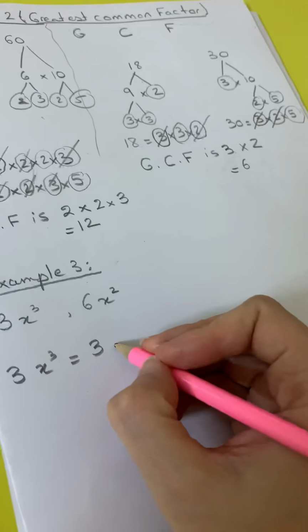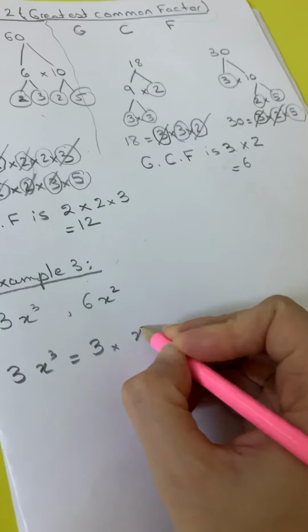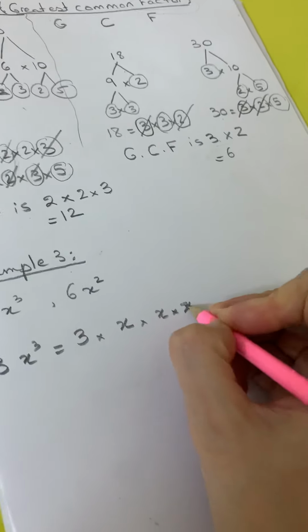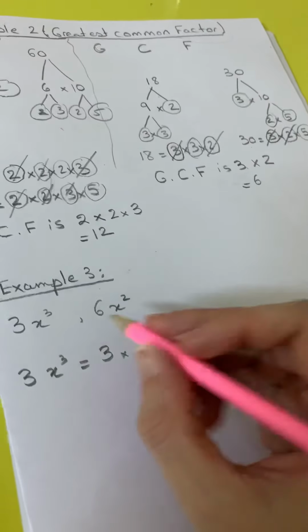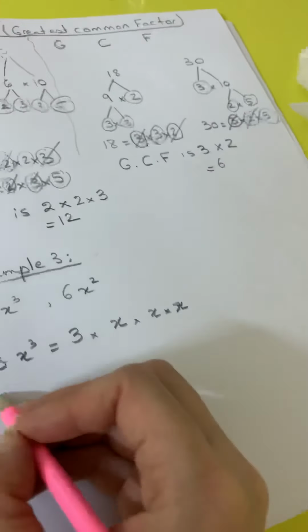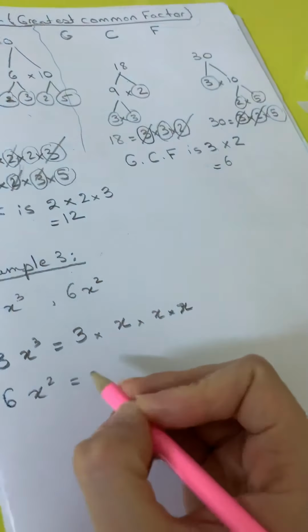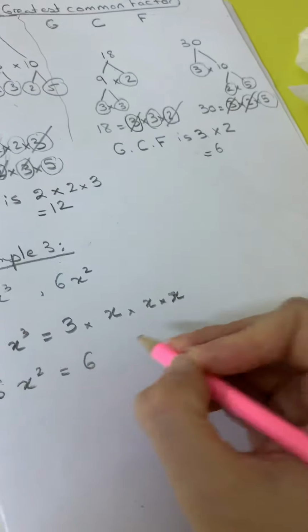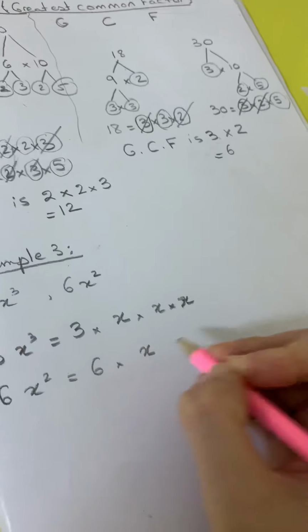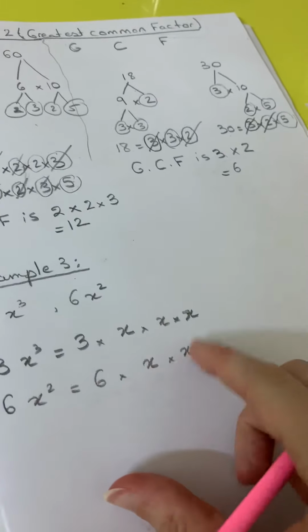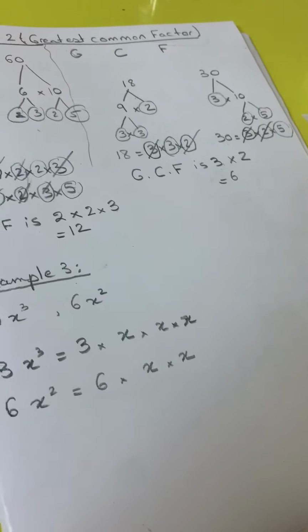I will break it down. This is 3 times x times x times x. 3 x's, right? Because power 3. And 6x^2 is equal to 6 times x times x. I put 2 x's because I have power 2.